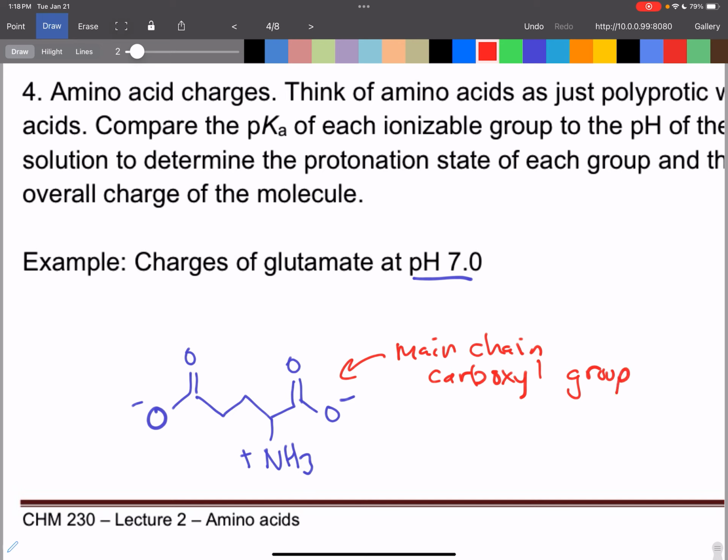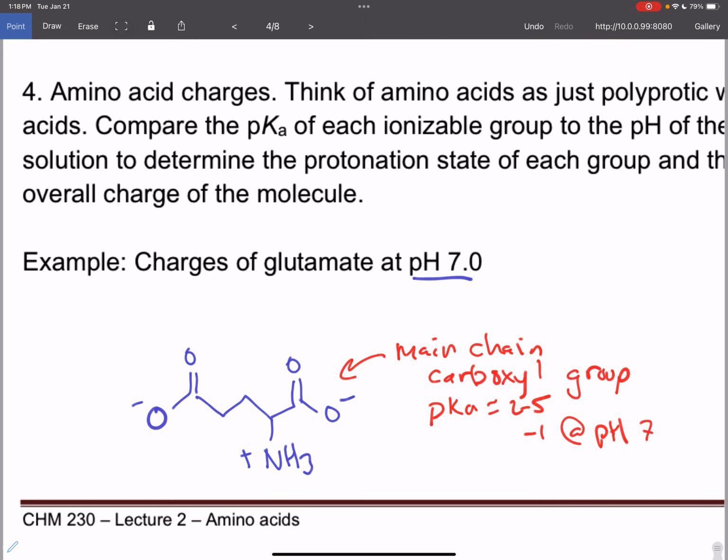The pKa, we call that pKa1, which is in the 2 to 5 range. And so this is going to be -1 at pH 7, because we're going to remove that proton: the pKa of that group is 2 to 5, and the pH is greater than that.